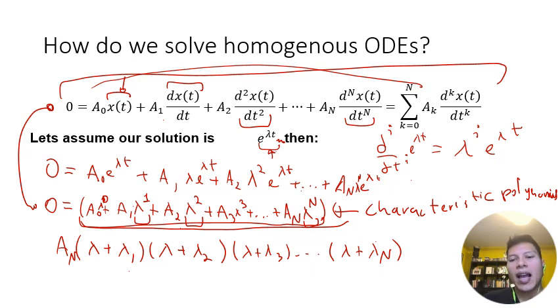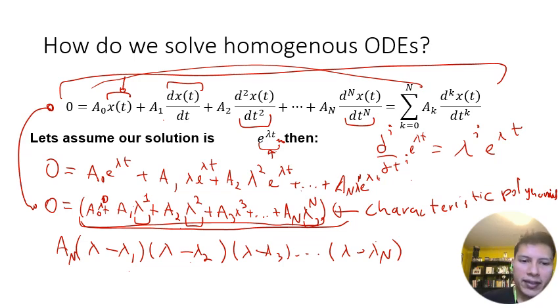Sorry, and this should not be plus. Should be a minus here. Minus, minus, minus, minus. So the roots are lambda 1, lambda 2, lambda 3, lambda 4 up to lambda n. Because if I plug in for lambda 1, I'm going to get 0. If I plug in lambda 2, I'm going to get 0, and so on.